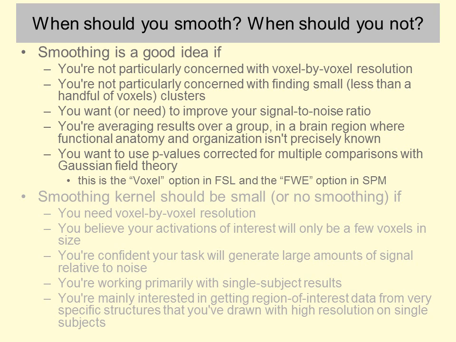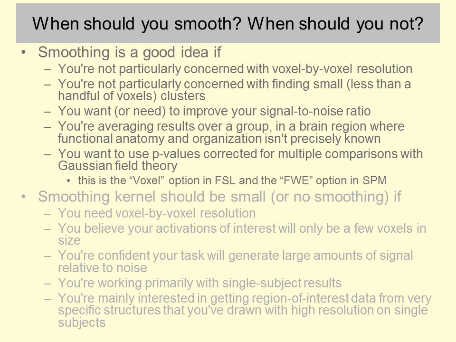There's also a reason to smooth the data related to the method of correcting for the multiple comparisons problem that is popular particularly with SPM users. That's the FWE, family-wise error option in SPM, or what's called the voxel option in FSL.